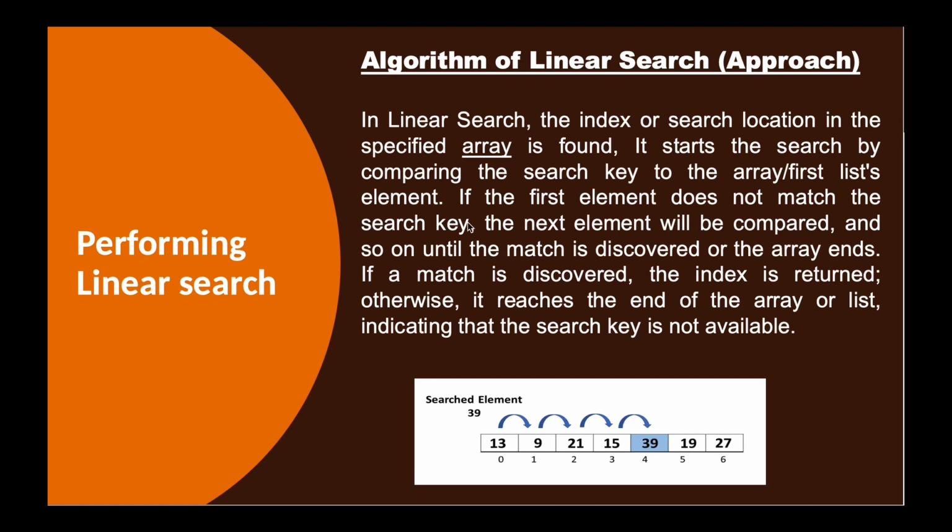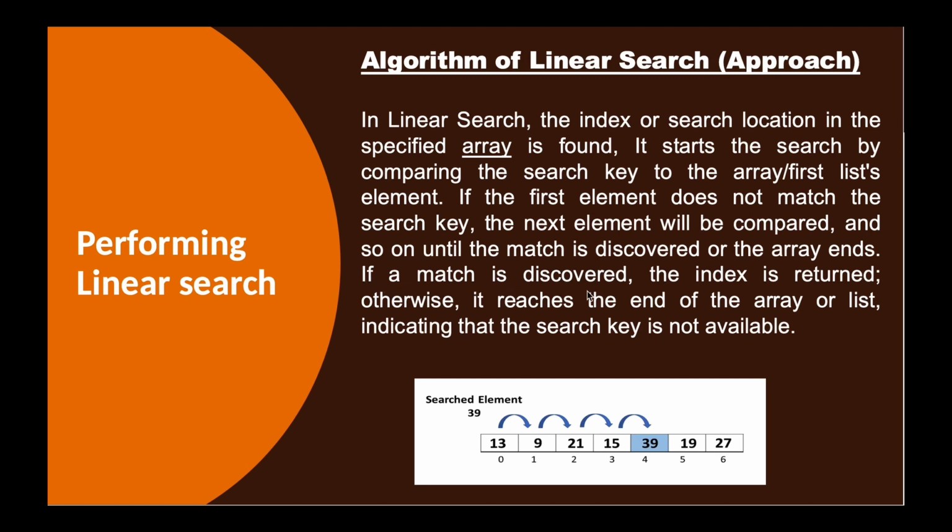If the first element does not match the search key, the next element will be compared, and the next, and so on until the match is discovered or the array ends.